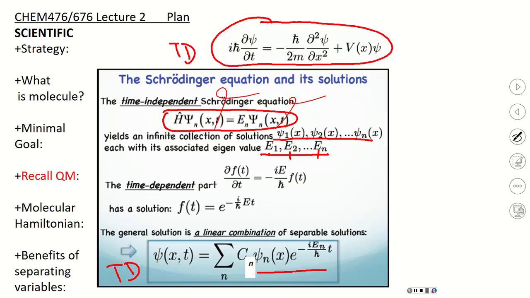We need to write down what H is, right? So how do we write what H is? H is kinetic energy plus potential energy, right? For kinetic energy, we need the momentum of each particle in the system. For potential energy, we need the position of each particle in the system.